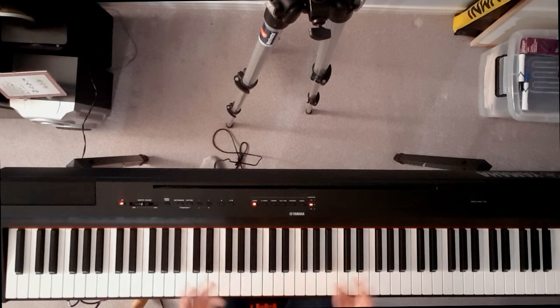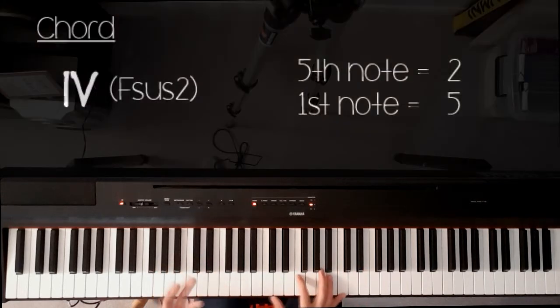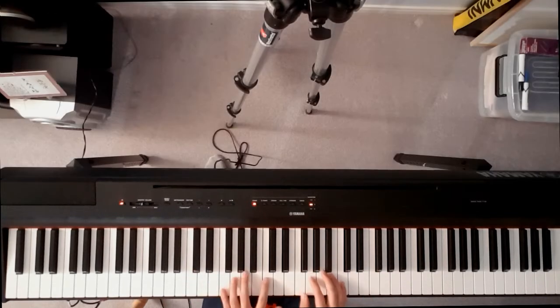Next we have the 4 chord, which is the major, so the F major. In this case the G and the C are the 2nd and the 5th notes of the F major chord. And this one's very common as well. I'm playing an F sus2.